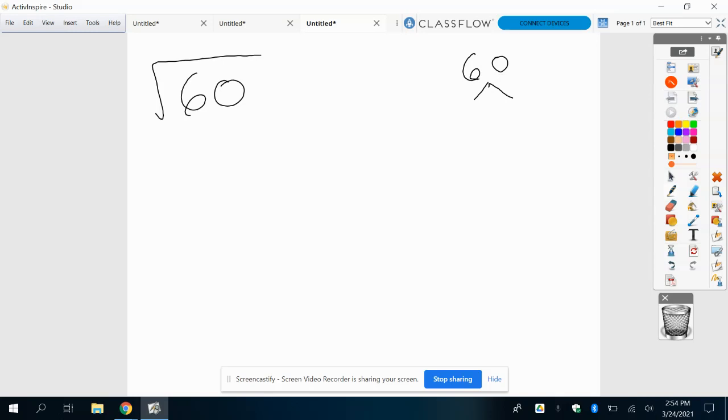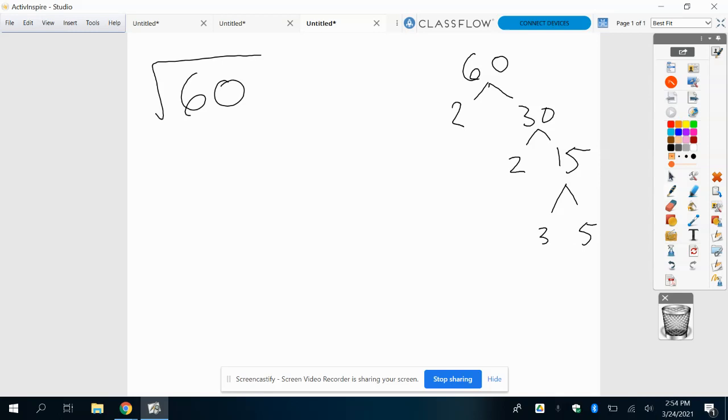Prime numbers are 2, 3, 5, 7, and so forth. Well, 2 can go into 60 30 times, so I'm going to break that up as the 2 and 30. 2 can't go any further, but 30 can be divided by 2 as well, and that's 2 and 15. And then 15 breaks up to 5 and 3.